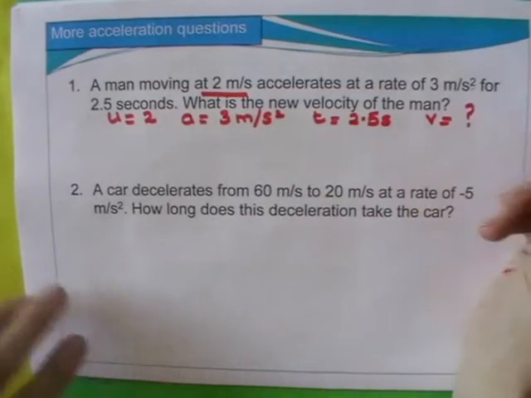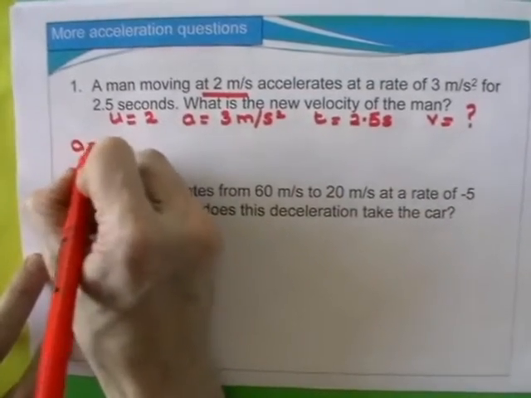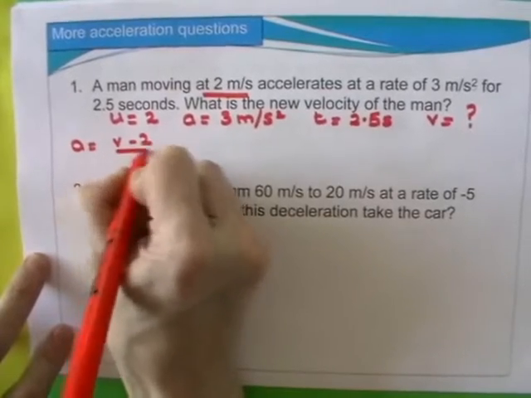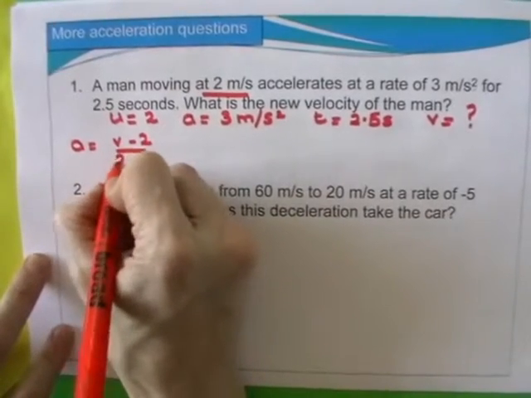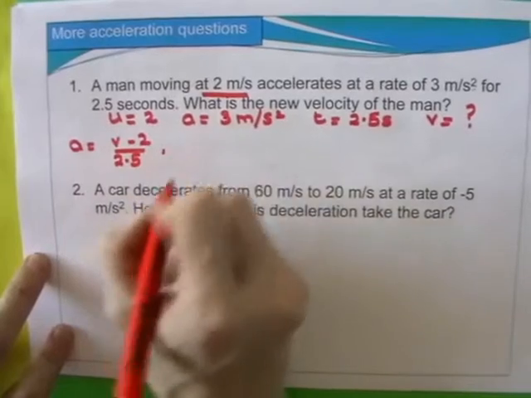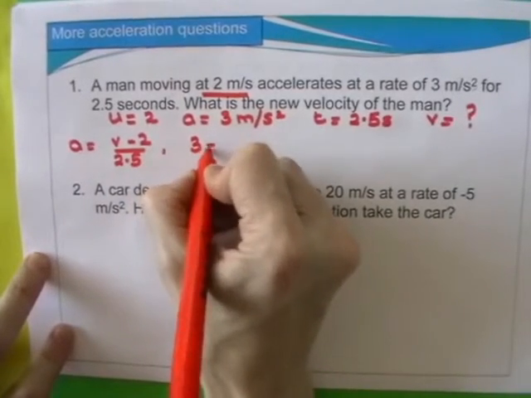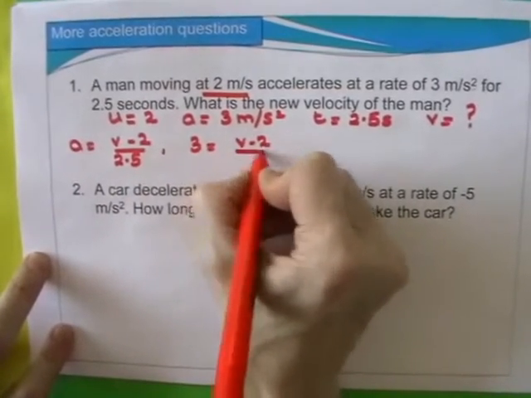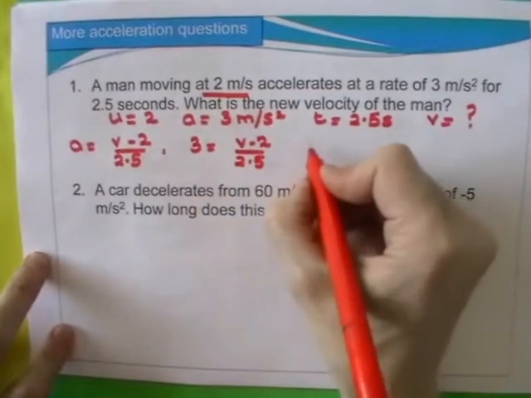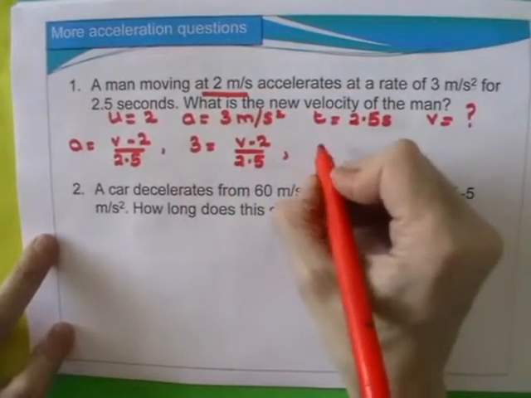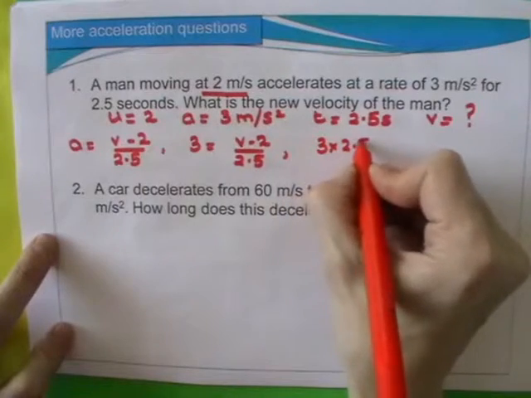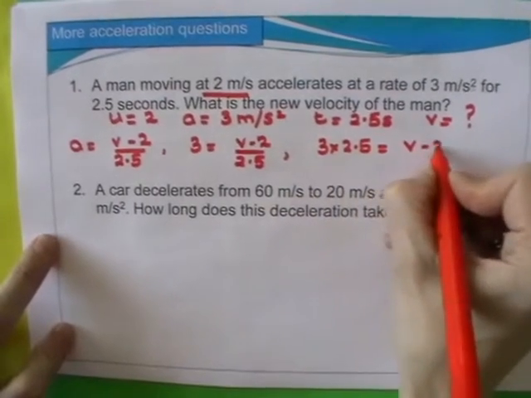So we're looking for V. So A is equal to V minus 2 over the time, 2.5 seconds. So therefore 3 is equal to V minus 2 over 2.5. And then to get an answer, it's 3 times 2.5 is equal to V minus 2.